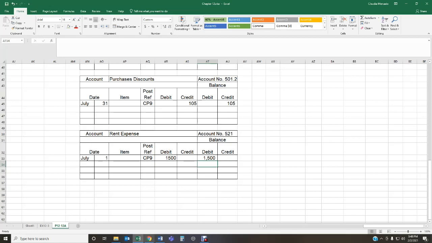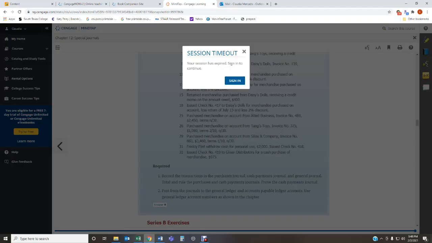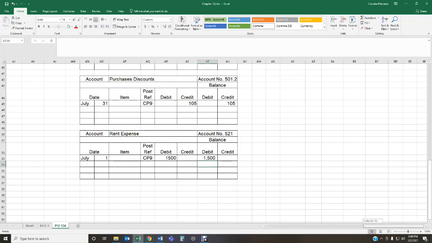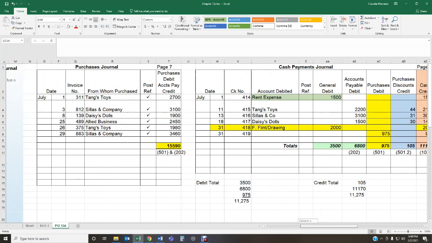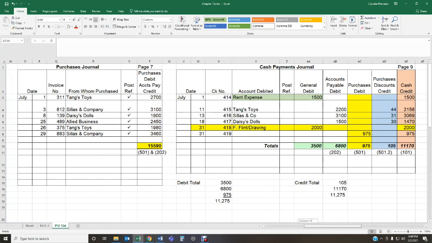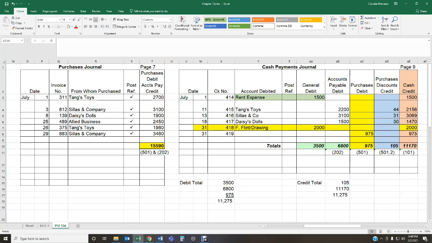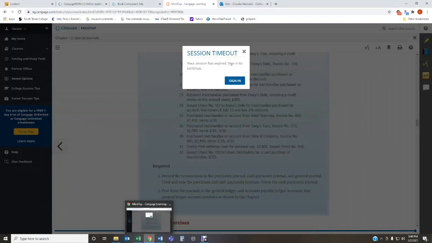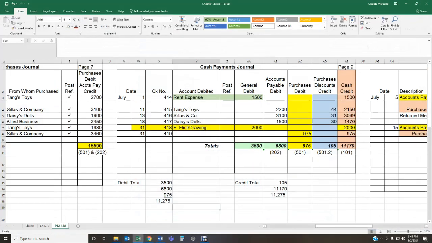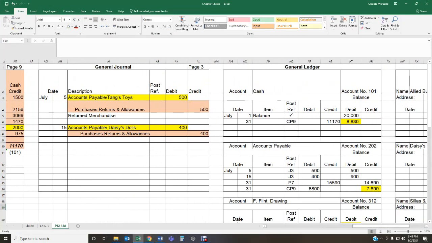We had one item for rent expense, right here, $1,500. So what I've done here is I've posted everything to my general ledgers.